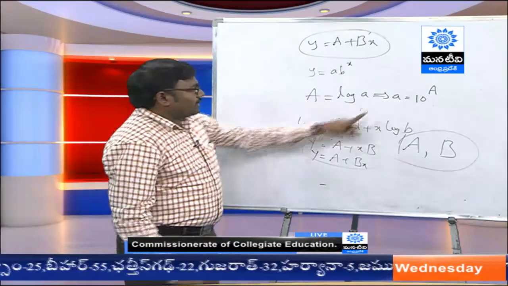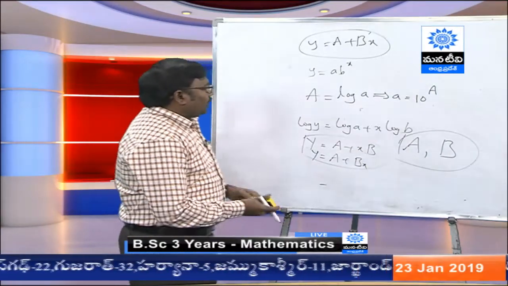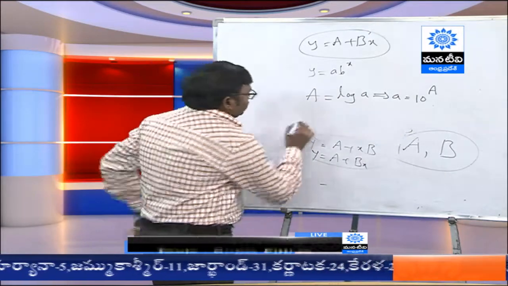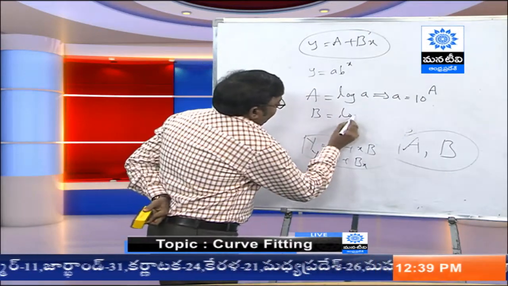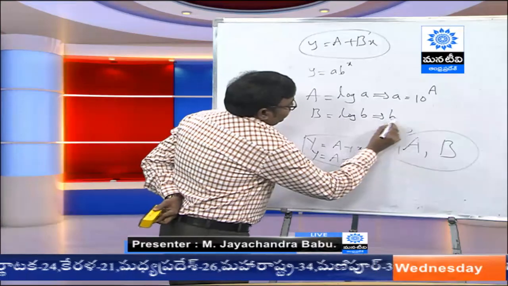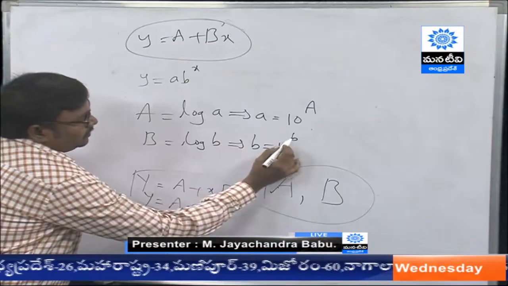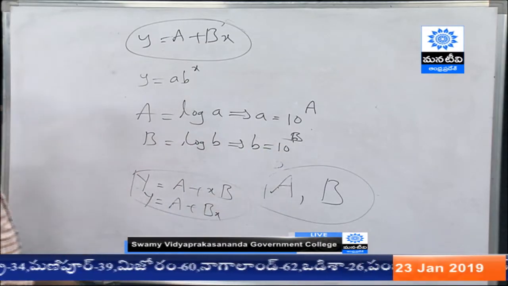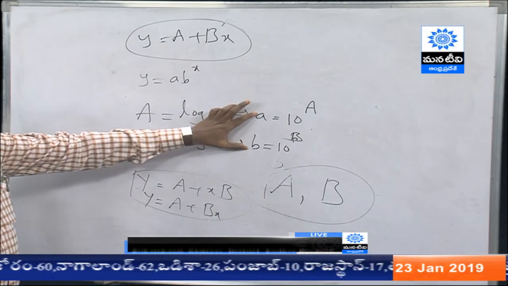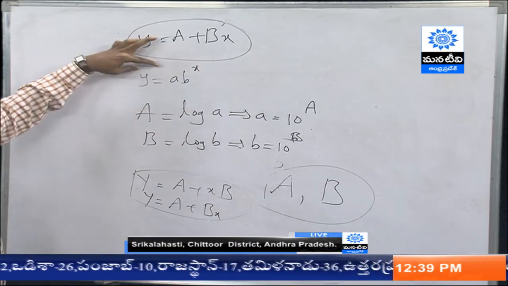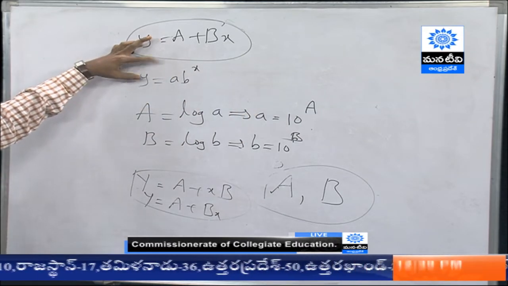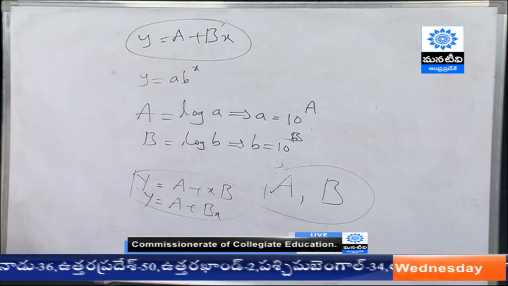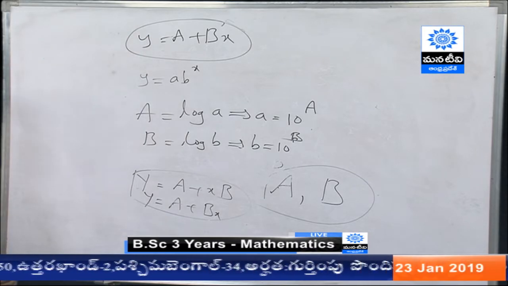So, small a equals 10 power A and small b is the same thing, 10 power B. Once we get these values, substitute them in the general form of the power function, then we will get the required power function which will be the best fit to the data.